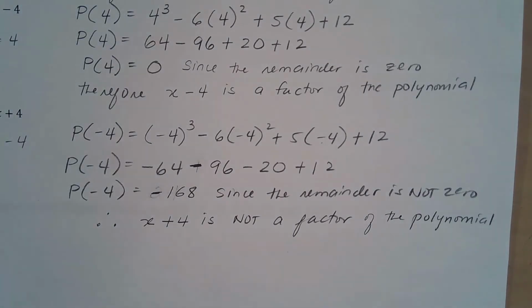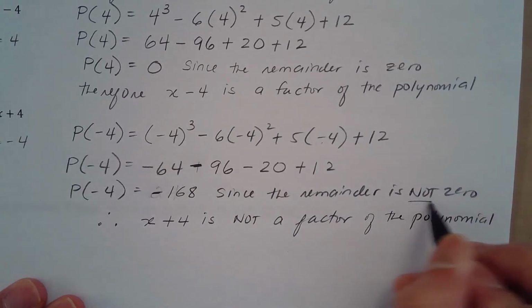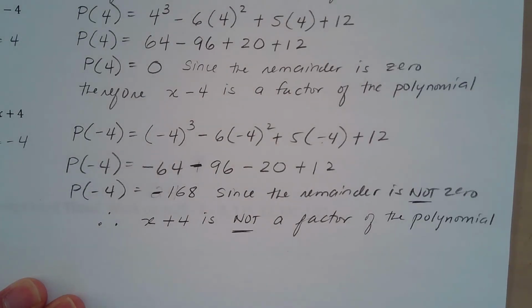Okay, now we're doing all these things. Just a question. When the remainder is not 0, it is not a factor of the polynomial? Yeah. It does not divide evenly, right?